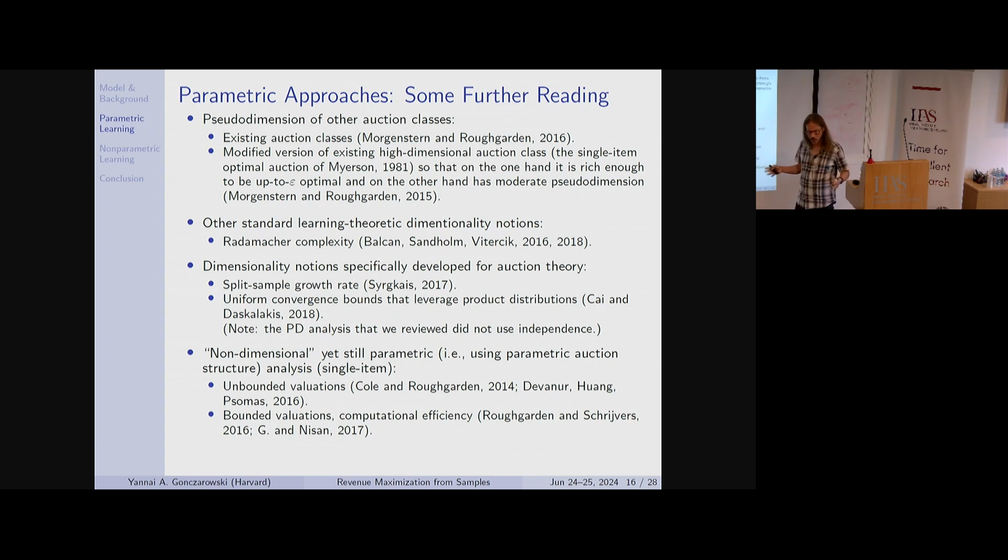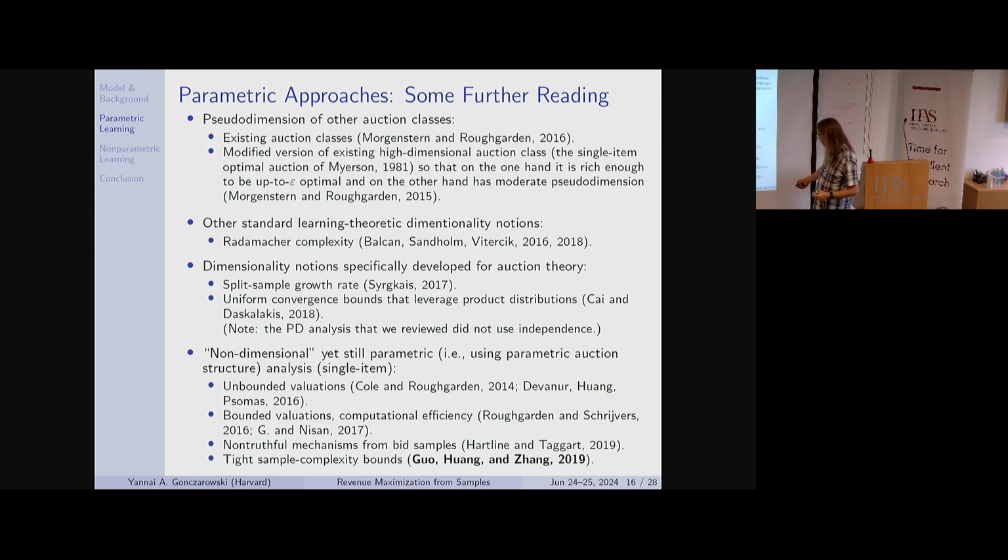But with other auction classes, optimizing over all of them, it's unclear how you do that. So there are papers that say we actually want guarantees that also give us an efficient algorithm to calculate an auction from prices. And there are even some papers that talk about non-truthful mechanisms, where we have bid samples, samples from equilibrium behavior.